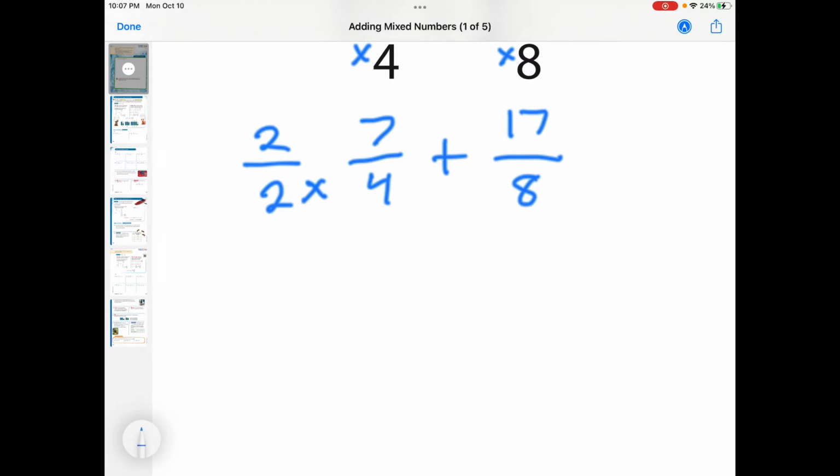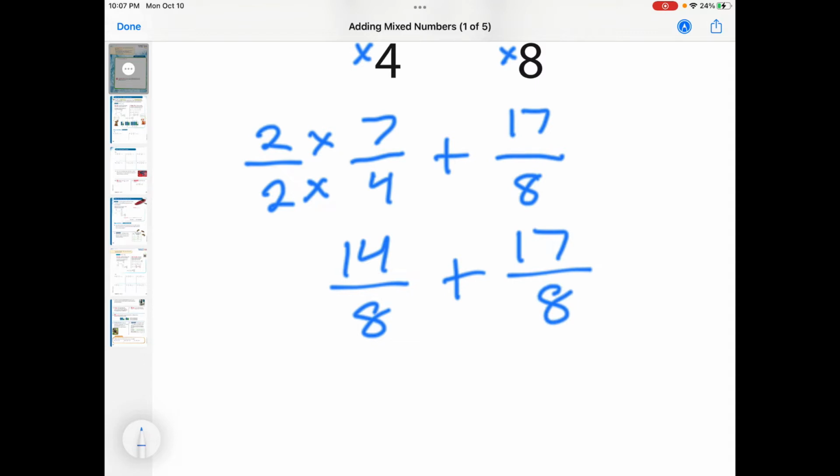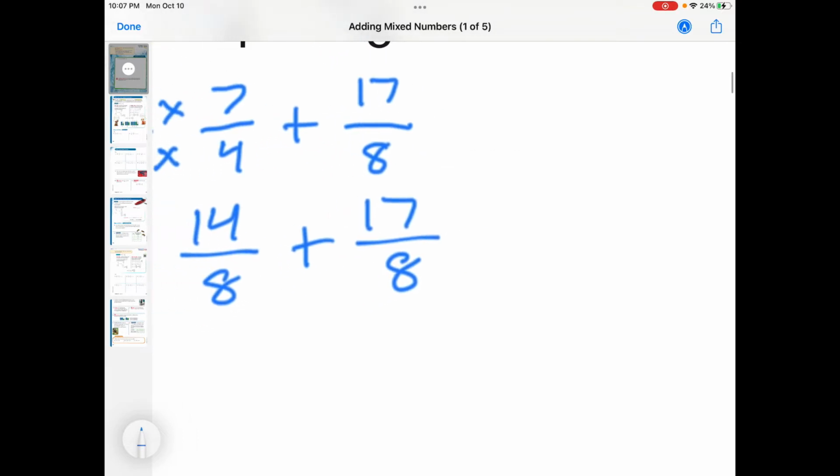So we know that 2 times 7 is 14. We know that 2 times 4 is 8, okay? And now we bring this down right here. And this is why it's going to be really important for you from now on to always show your work, okay? Now let's go ahead and come on over here.